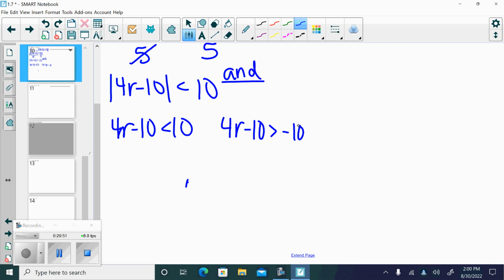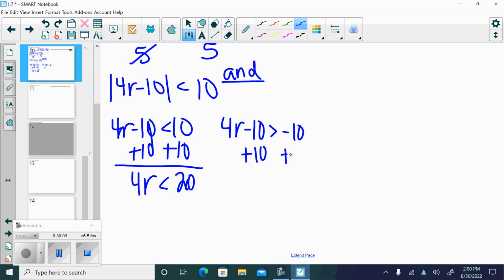Okay. Then we're going to solve as we normally would. So I'm going to add 10 to both sides. 4r is less than 20, and then add 10. You get 4r is greater than 0.